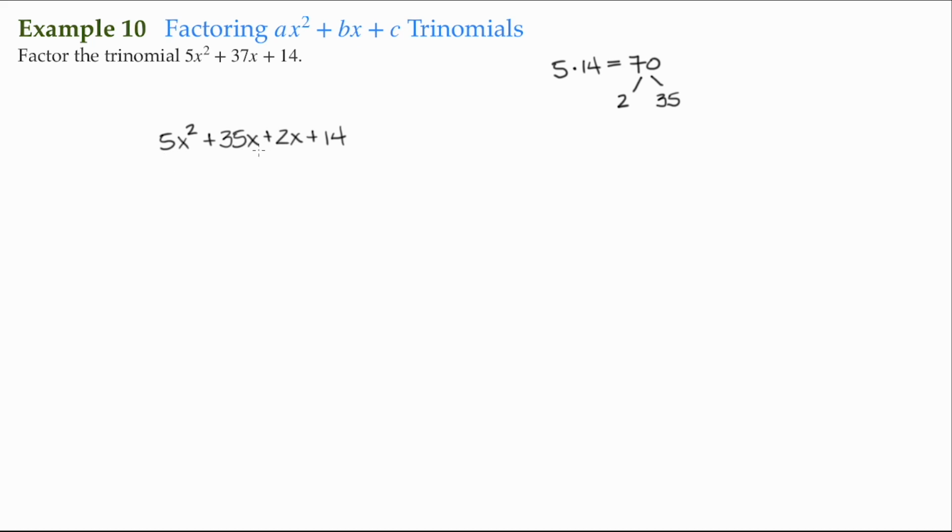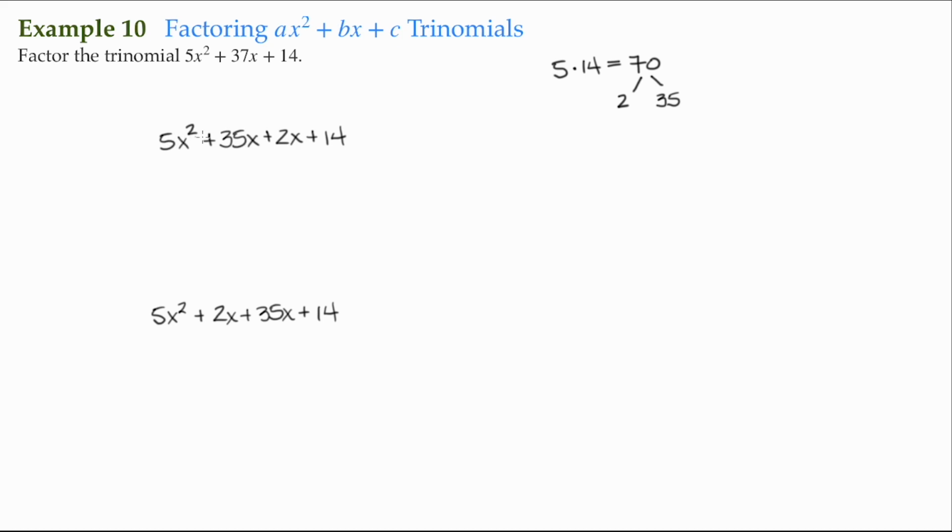Also, we can write this as 5x squared plus 2x plus 35x plus 14. After all, 2x plus 35x is the same as 35x plus 2x. Except I like to write it like this because when I group them together, I like to keep the terms with something in common.